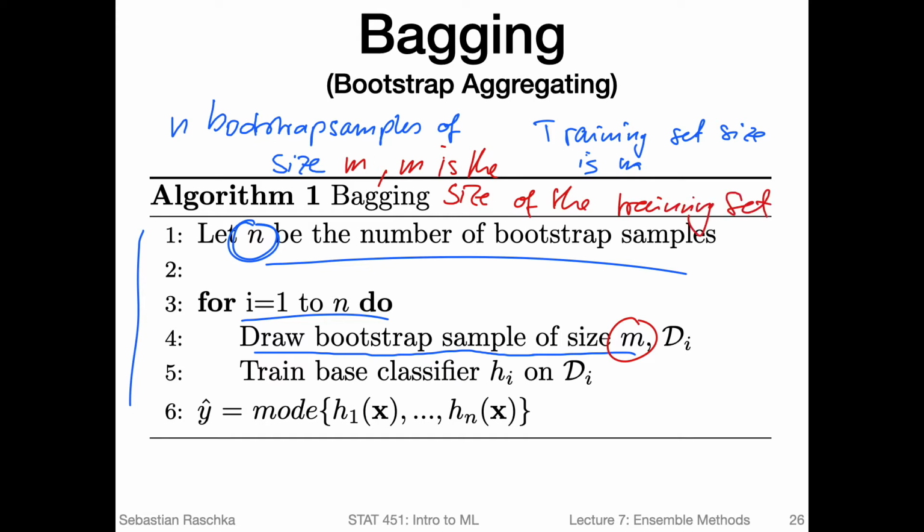And for each bootstrap sample we train a classifier on it, and then we do the majority voting again.